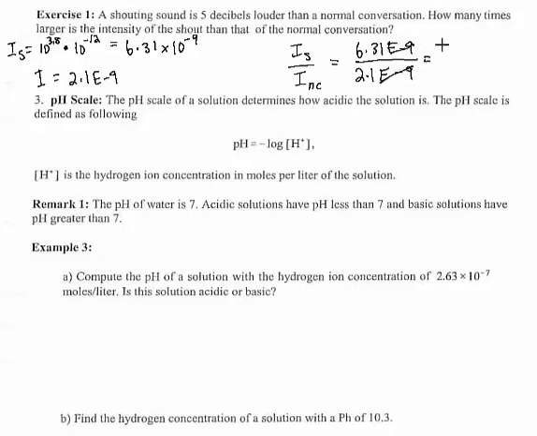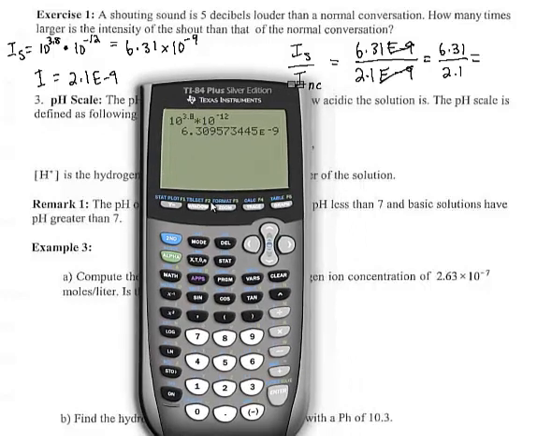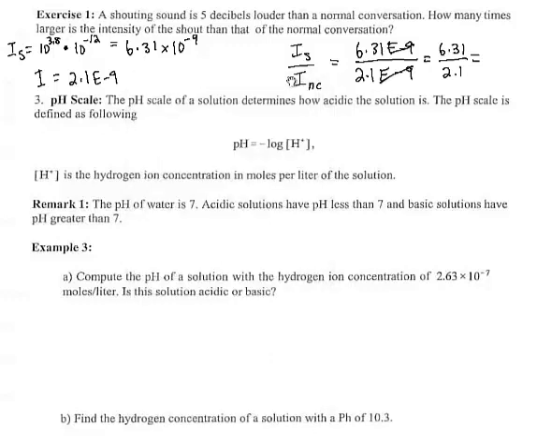You could say that those cancel out, and we just calculate 6.31 divided by 2.1. Bringing our calculator back, 6.31 divided by 2.1 equals about 3.